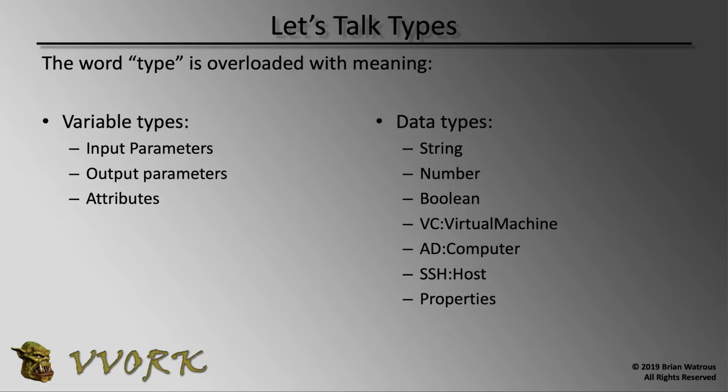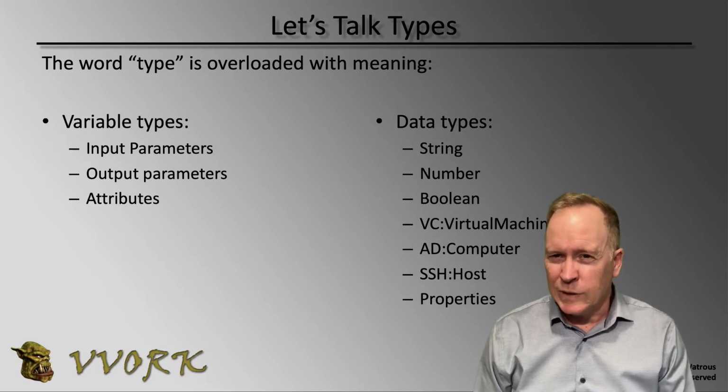So any of the three variable types on the left can be any of the data types over on the right. Other data types include exciting things like number and Boolean. Actually, those aren't terribly exciting. Those are simple data types. But we have all sorts of more complex data types that are described by objects, such as VC virtual machine, AD computer, SSH host, properties, and so on and so on and so on.